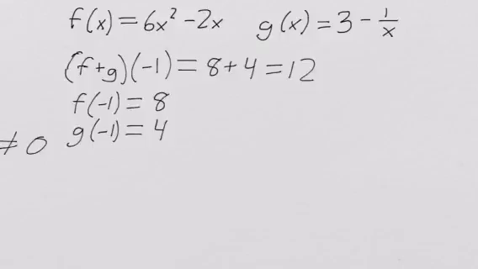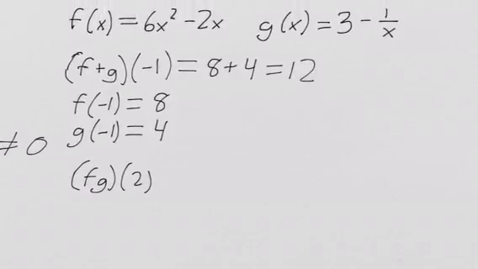So another example like that would be if I gave you fg of 2. So this time I'm going to operate a little bit differently. I'm going to go ahead and go with the definition of fg of x.